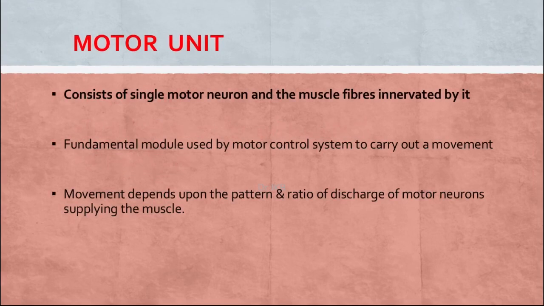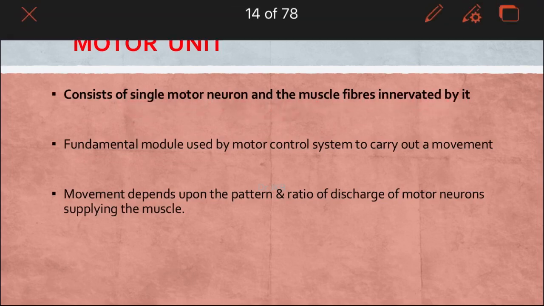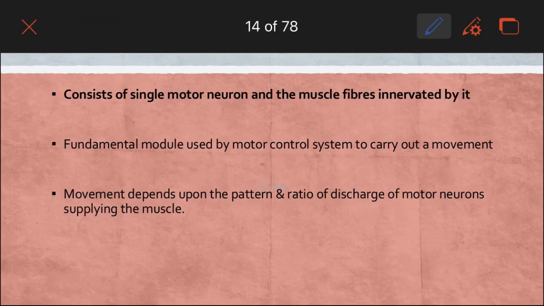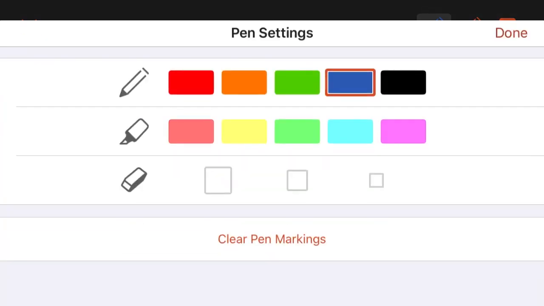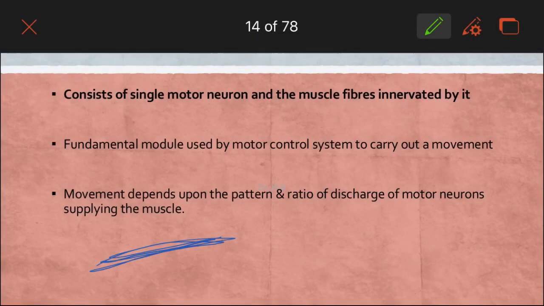So, what is a motor unit? A motor unit consists of a single motor neuron and the muscle fibers innervated by it. Like if we try to draw the diagram, say this is a single motor neuron, and it is supplying so many muscle fibers, like these muscle fibers.